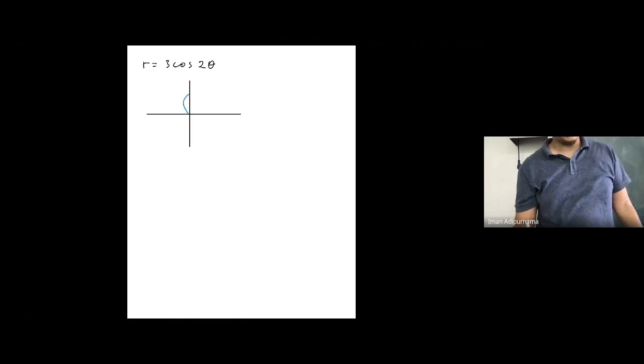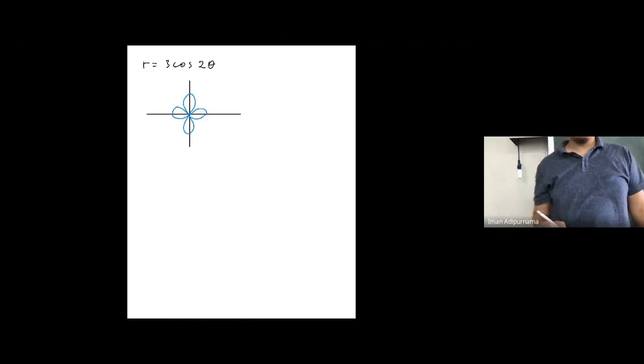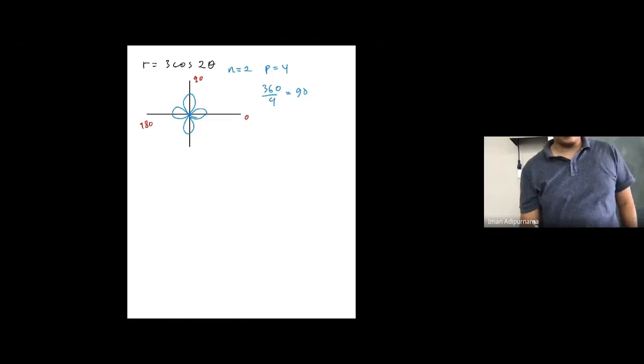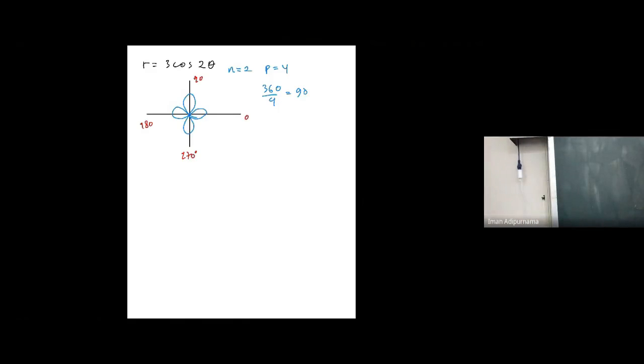As we draw, we get this, right? And of course n is 2, the petals is 4. The difference between the petals will be 90, which is true. This is 0, 90, perfectly aligned with the axes of the degrees. This is 0, 90, 180, 270. Nothing wrong with that.